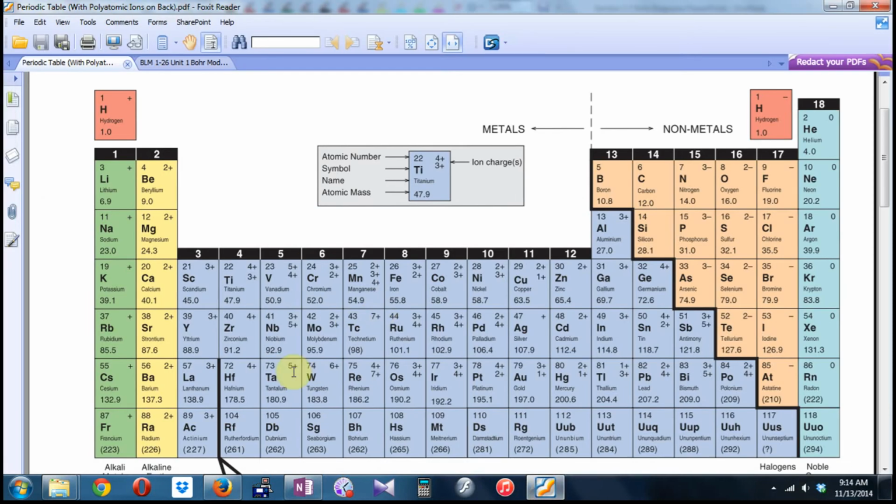But the reason these columns are what they are, how many valence electrons does scandium have? 3. Everything in this row has 3. Don't freak out about these. It's a little strange. I'm not going to ask you these very much. I'm not going to ask you how many valence electrons tantalum has. I'm going to stay in the top 3 rows. So how many valence electrons does silicon have?